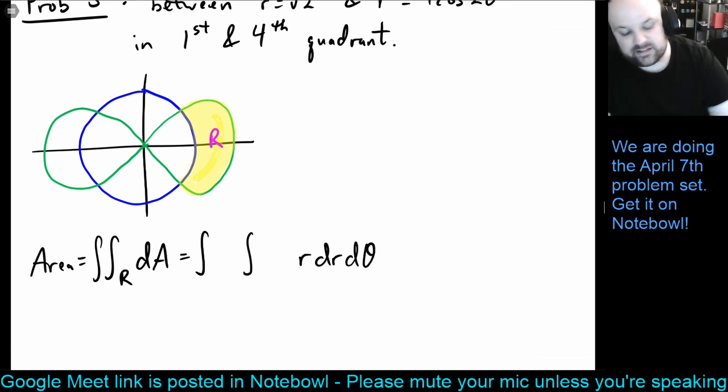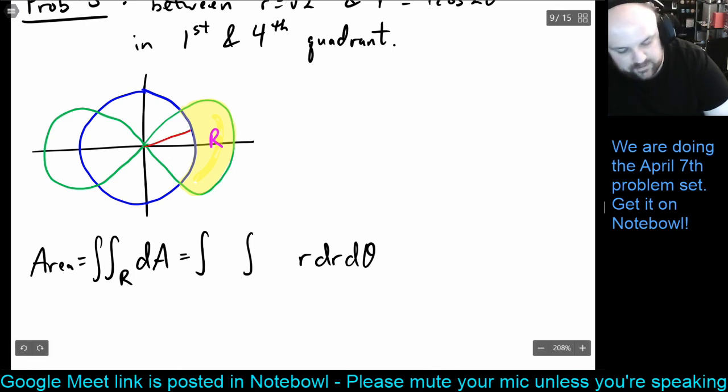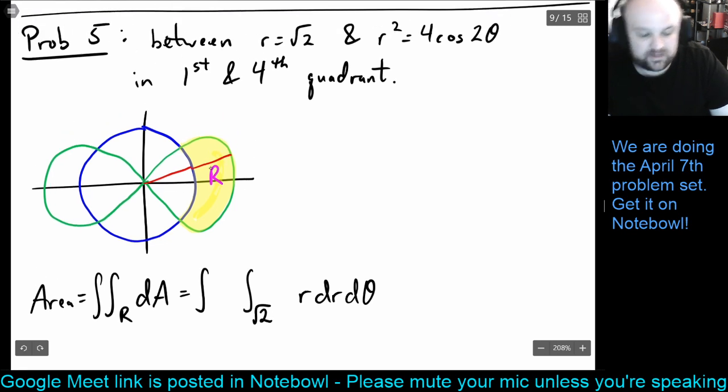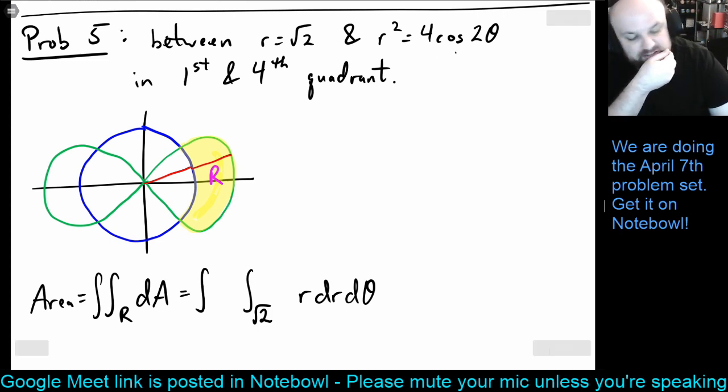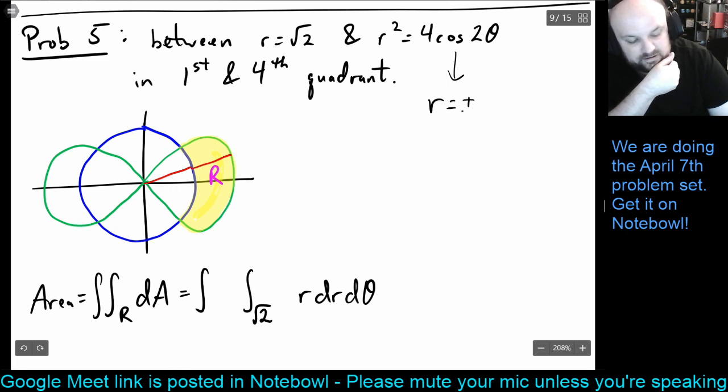If we look at this, the lower bound on r should be fairly simple to figure out, right? We start at the blue, end at the green. So it should go from square root of 2 to whatever the upper half of this is. So actually, when we solve this for r, we're asking, we get this kind of thing going on here.